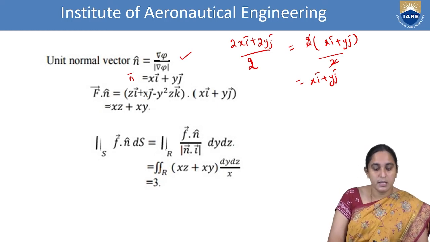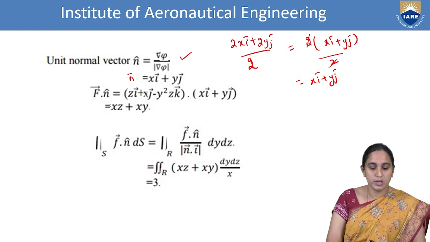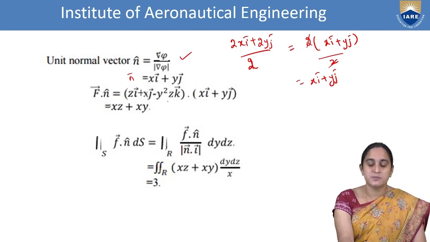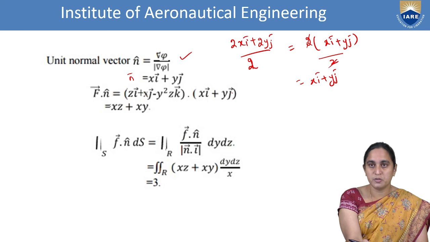Next, f bar dot n bar. Dot product of f bar and n bar. What is f bar here? zi bar plus xj bar minus y square z into k bar. Dot, what is n bar? xi bar plus yj bar. Then take the dot product of both.